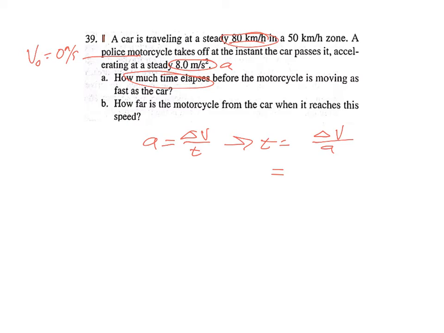Everybody say boo, boo. All right, so I'm going to take 80 kilometers per hour. I'll get rid of kilometers. 1 kilometer is 1,000 meters.